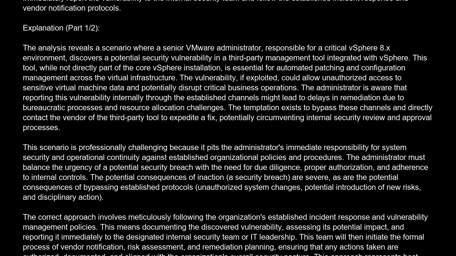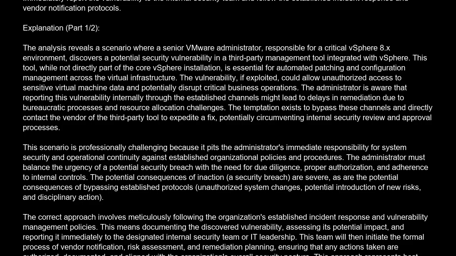the virtual infrastructure. The vulnerability, if exploited, could allow unauthorized access to sensitive virtual machine data and potentially disrupt critical business operations. The administrator is aware that reporting this vulnerability internally through the established channels might lead to delays in remediation due to bureaucratic processes and resource allocation challenges.